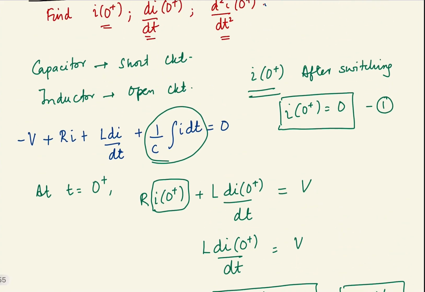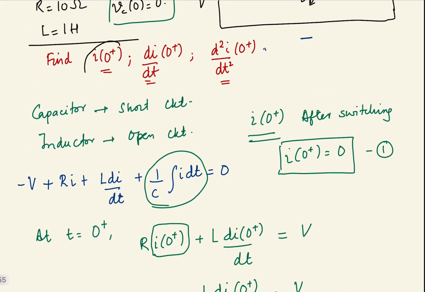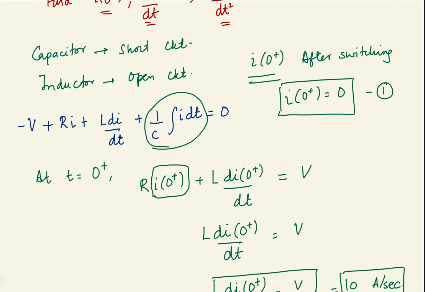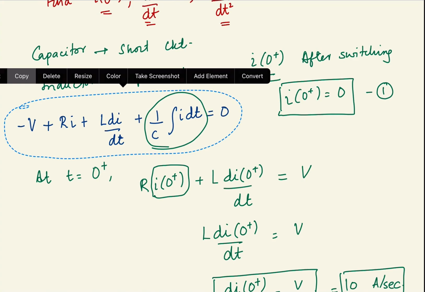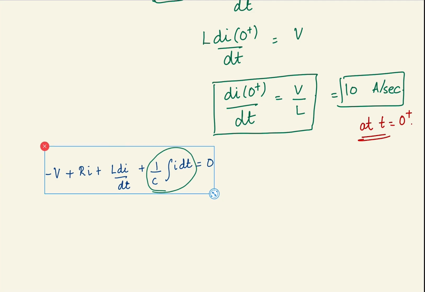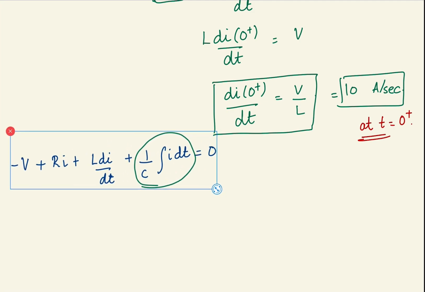Now if you see, we have found out I0 plus, and di by dt at 0 plus has also been found out. So we are left with the second derivative. How will we calculate the second derivative? It's very straightforward. We simply go to our KVL equation and differentiate it once.